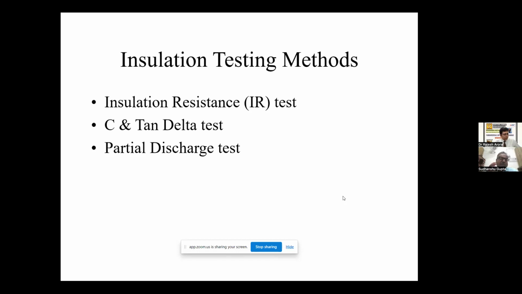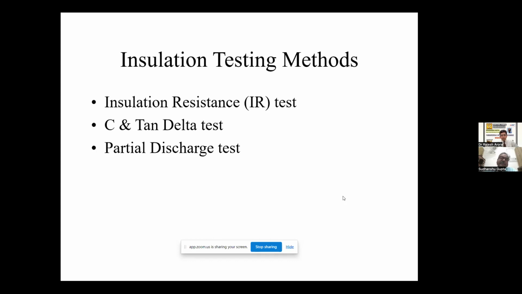So it will help you predict the position of the localized weakness of the insulation, whereas tan delta tells you the overall weakness or overall aging of the insulation. And we all know that 90% of the failures occur due to the localized weakness of the insulation, and that is the reason we see infant mortality in equipment also.